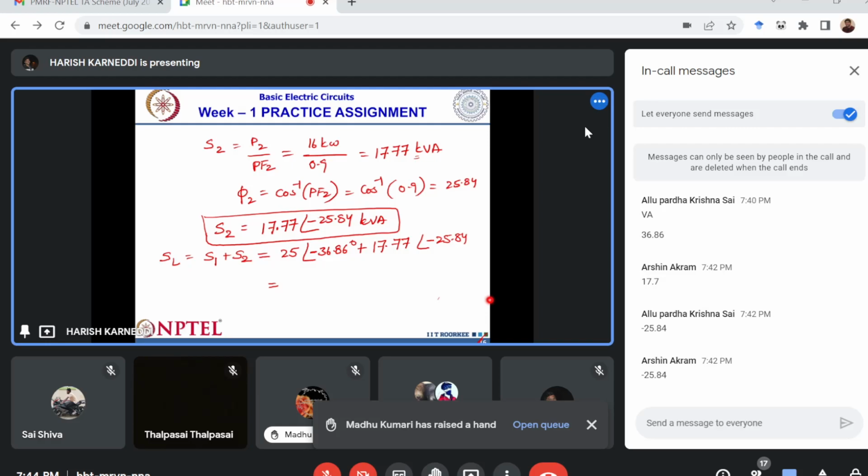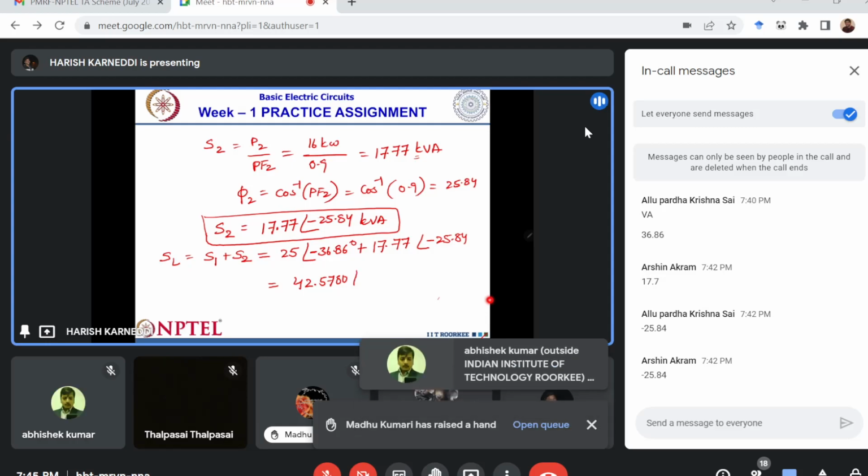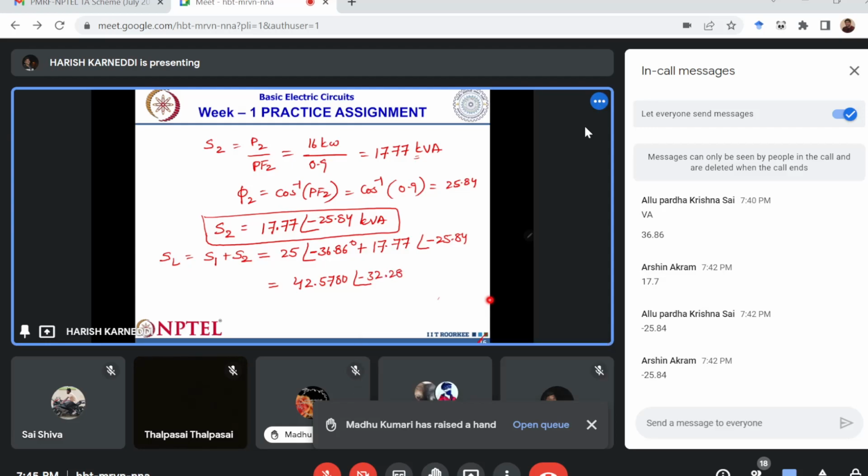What's this value? It is equal to 42.5780 at an angle of minus 32.284 degree kVA.